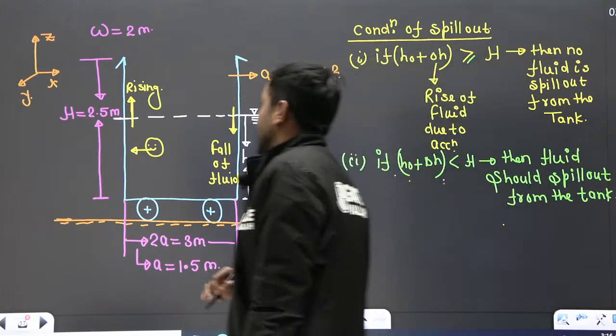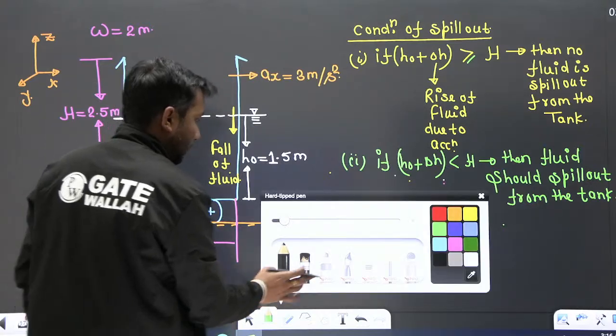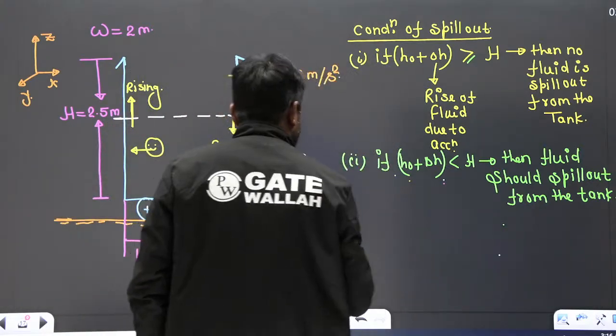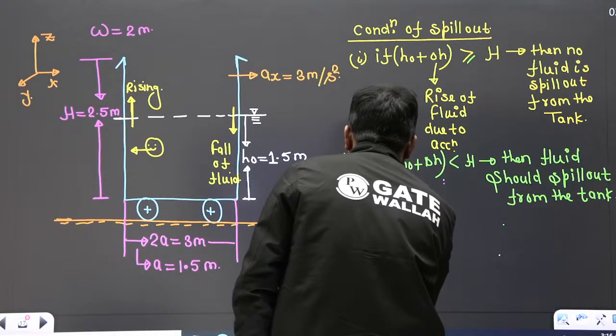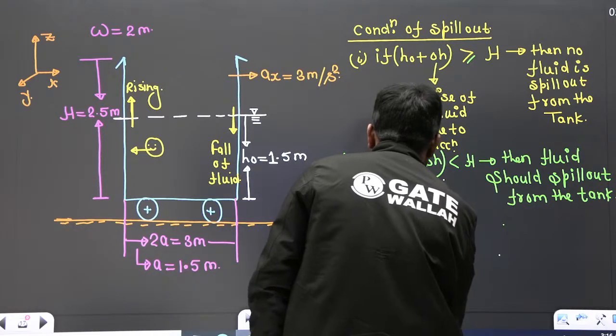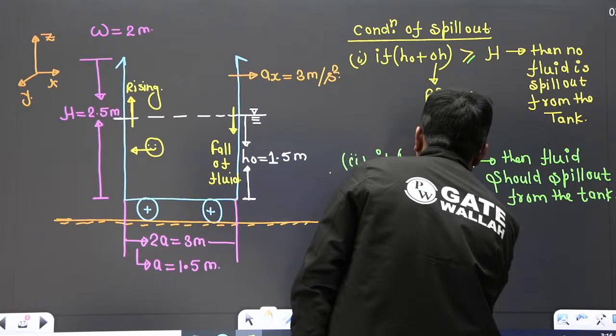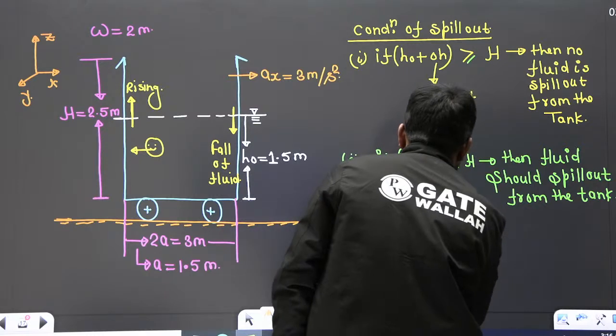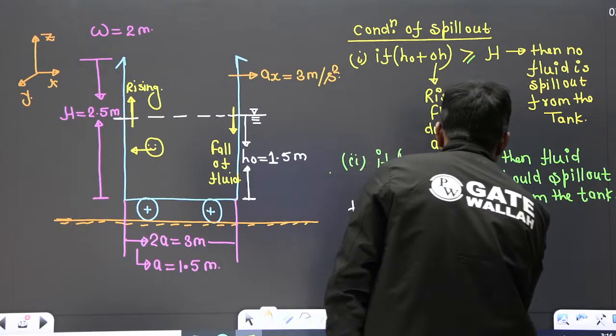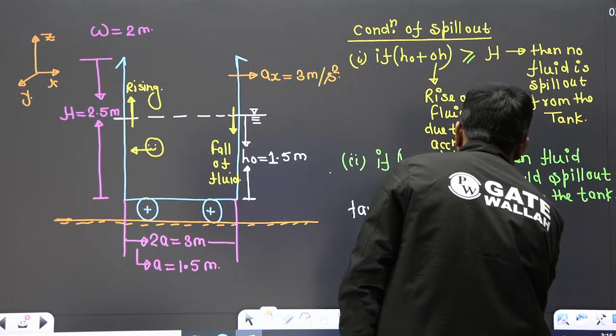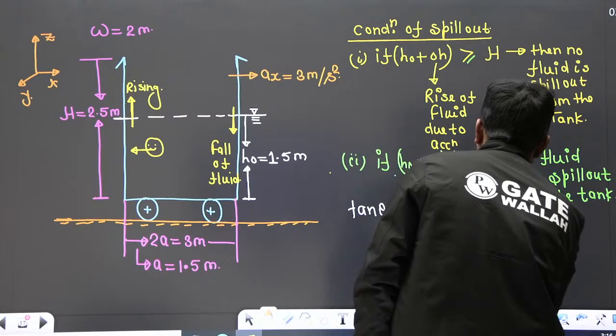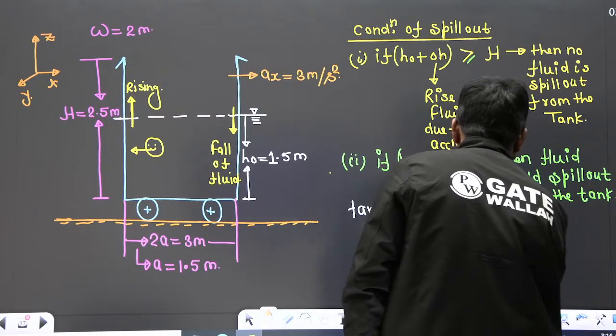Okay. So we know that tan theta is the slope of this. Let me take this as dz by dx. So that slope should be ax by g, and you can also write it as delta H by a.